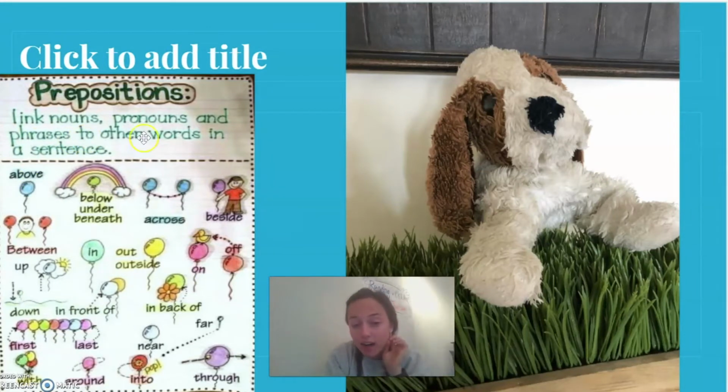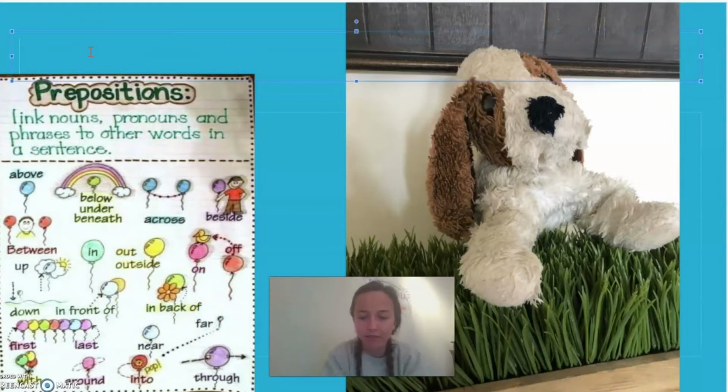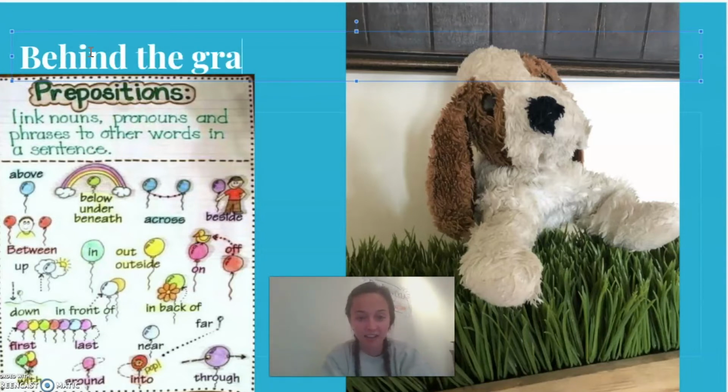You're looking at some prepositions that you could use. Ooh, I see the preposition in back of, or sometimes we just say behind. I'm going to use the behind preposition. The dog ran behind the grass. Silly doggy, you like to go everywhere.